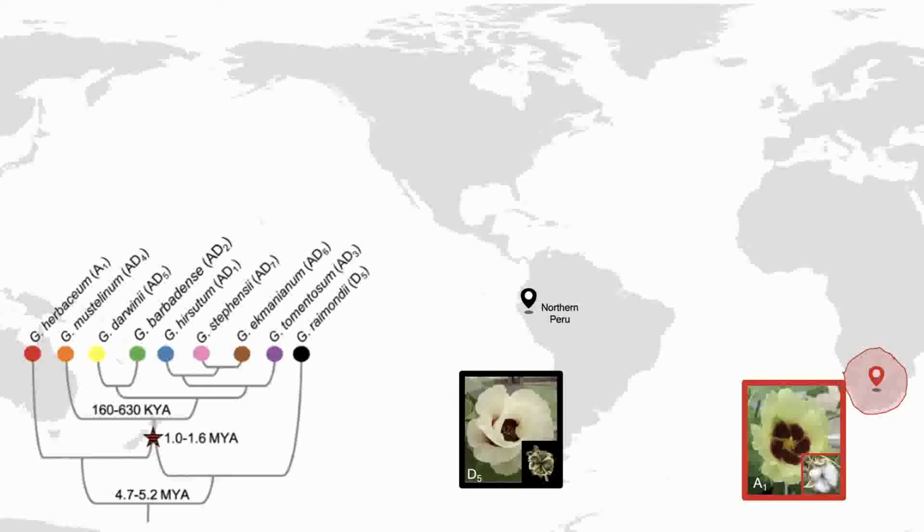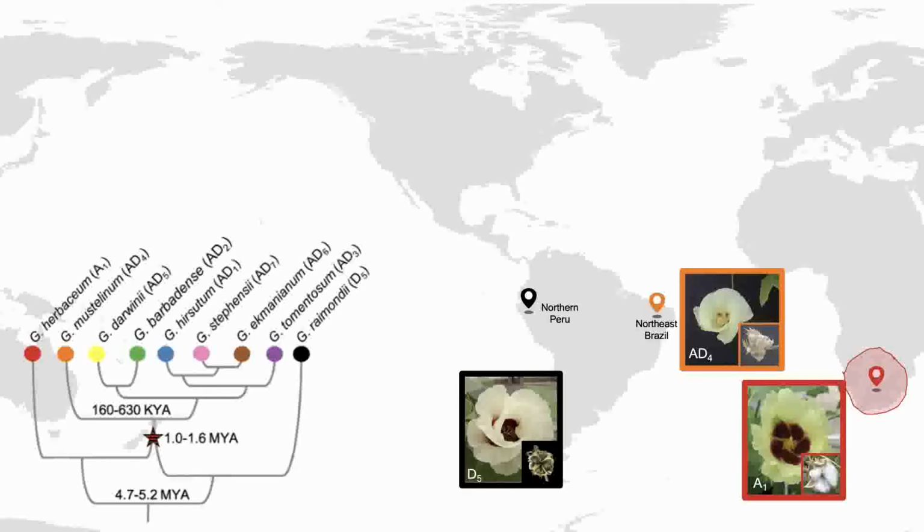This hybridization happened about 1 to 2 million years ago, even though these two diploids diverged between 5 and 10 million years ago.